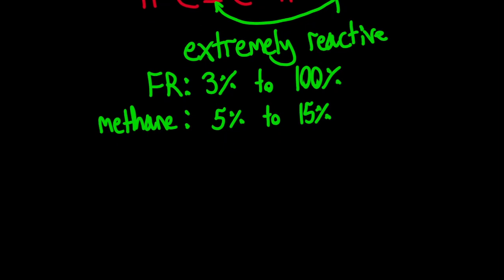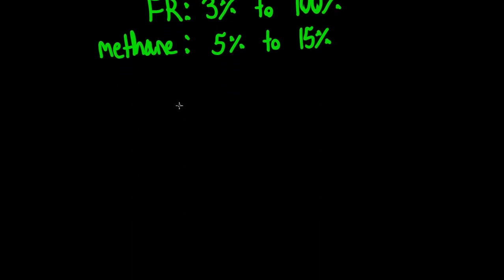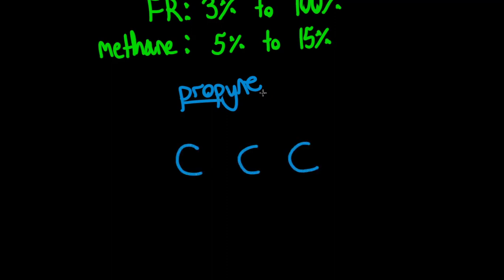We'll do one more example. So let's do propyne, which the prop should tell you I'm going to have 3 carbons, and the yne should tell you one of these is going to have a triple bond. So we'll just say that it's this one.